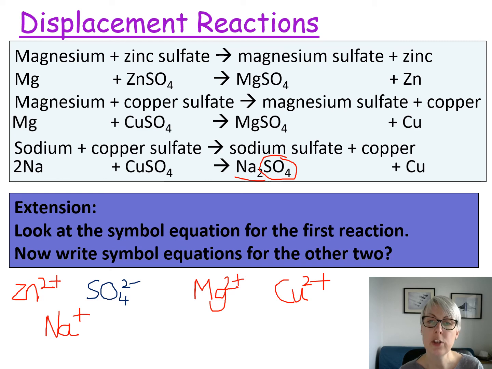Therefore, we need 2 sodium ions to cancel out the charge. So it's Na2SO4 here. And because we've got 2 sodium atoms here, we need 2 sodiums on this side, hence the number 2 over there. Don't forget plus the Cu on the end. Hope you had a go at that. Don't worry if that was a little bit confusing. That's the more tricky part.